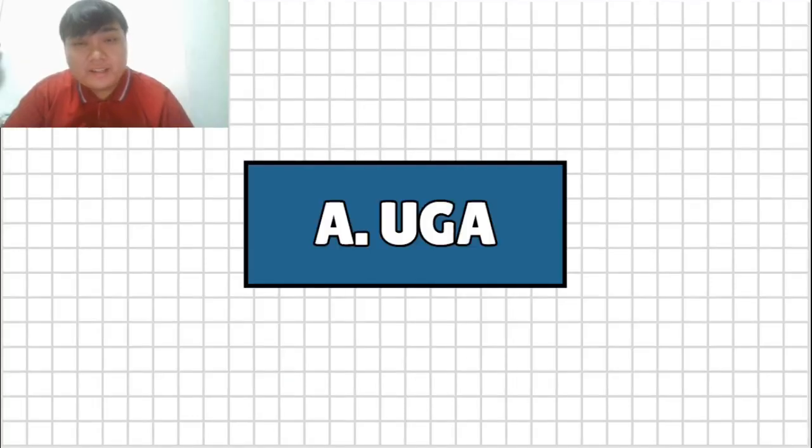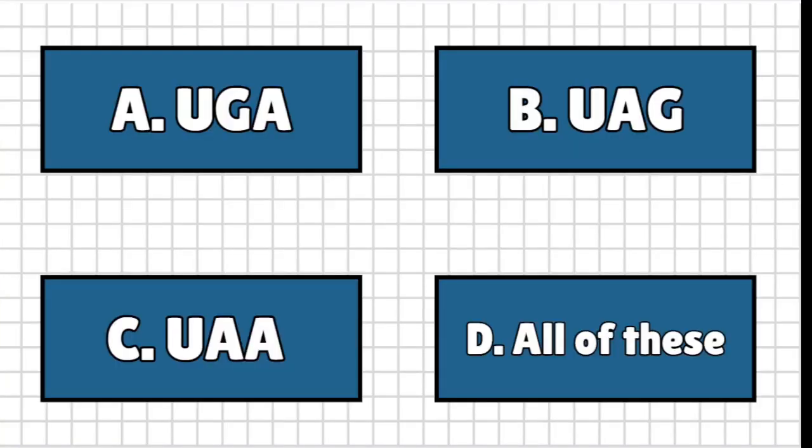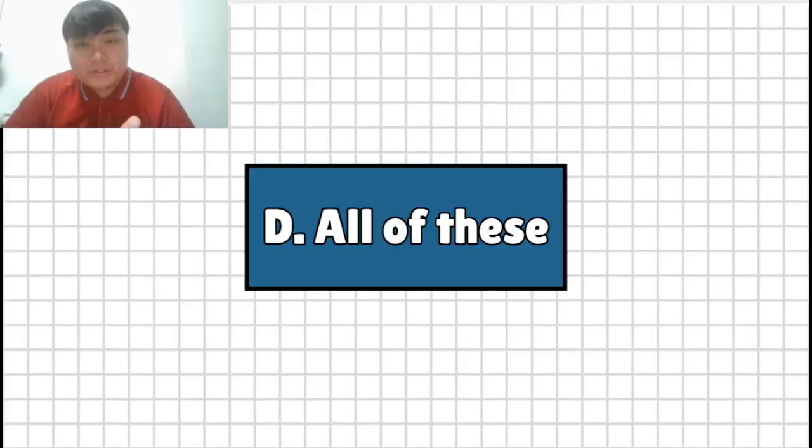If you answered A, then you're absolutely correct. Now, question number 2. Which of the following are the stop codon? If you answered all of the above, then you're correct.